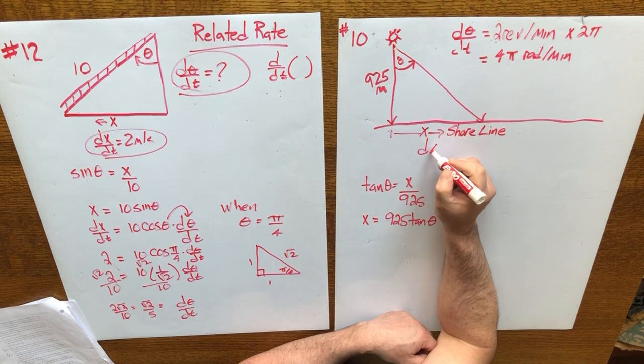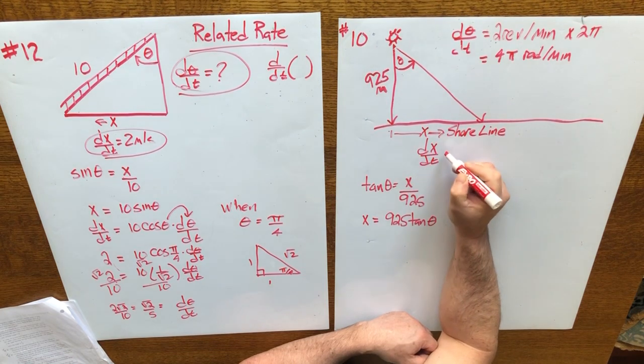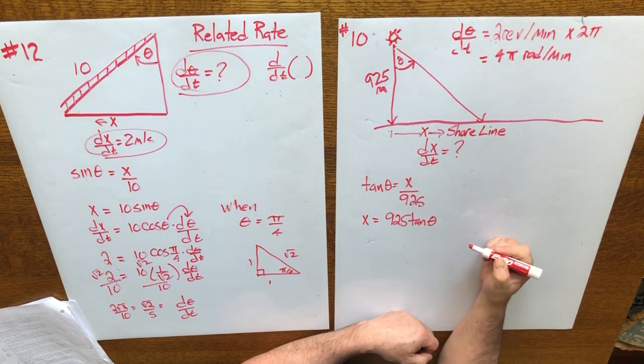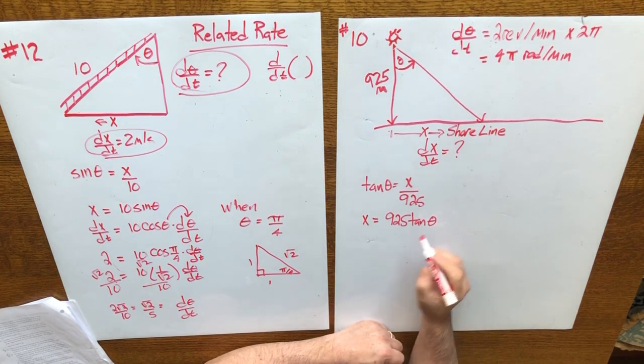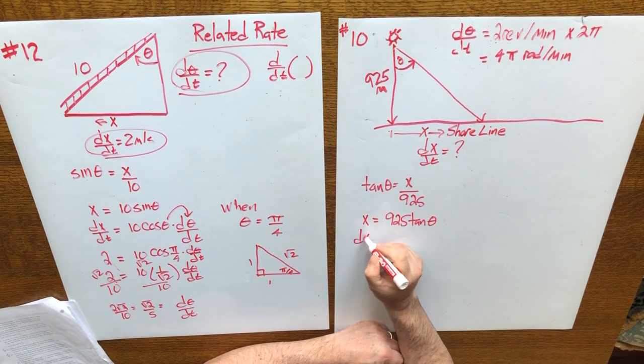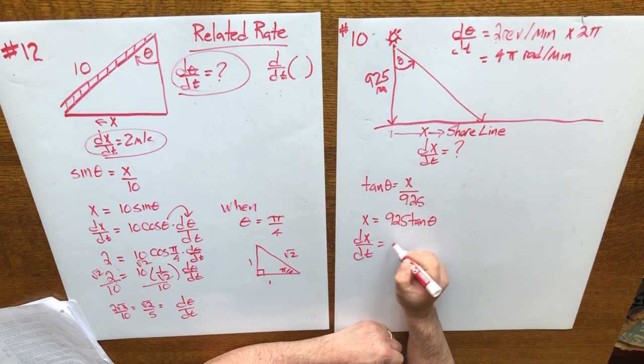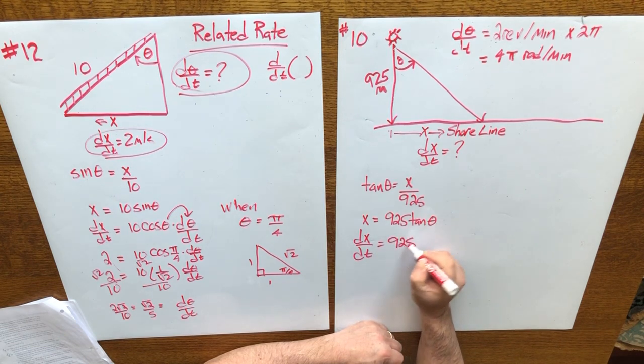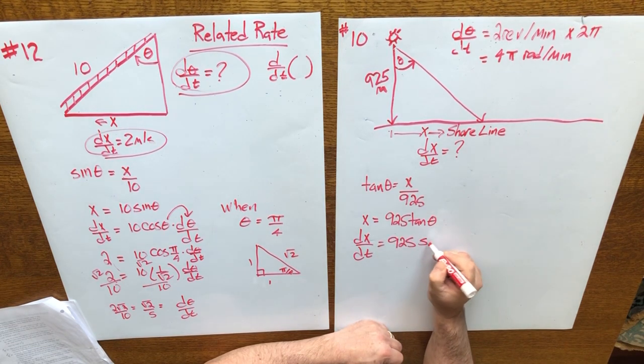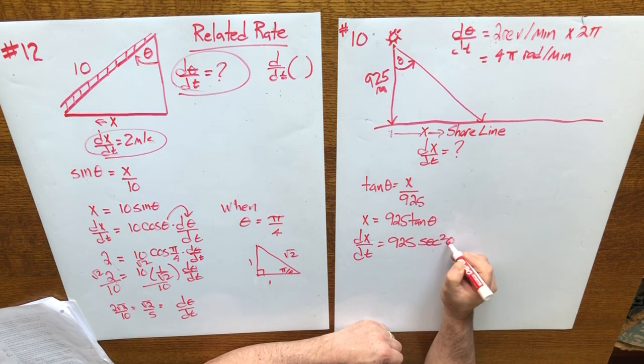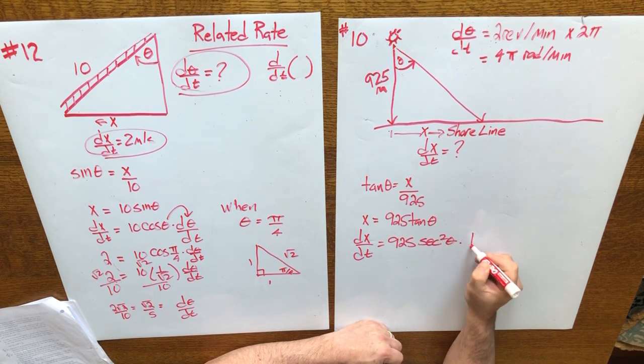And they ask us, how fast is this changing? Dx over dt equals question mark. So let's take the derivative of this with respect to time. Dx over dt equals 925, and the derivative of tan theta is secant squared theta times d theta over dt.